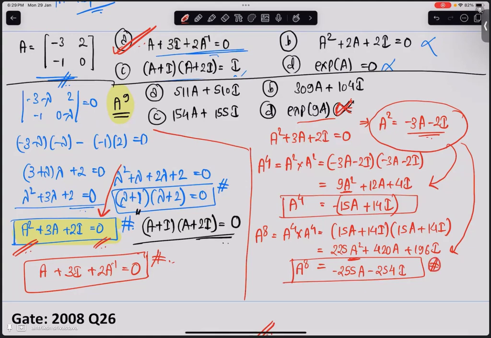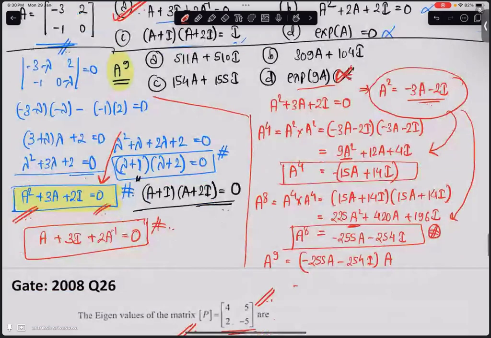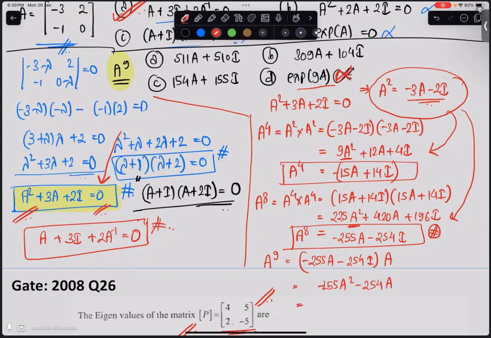When we know A power 8, now again we can get A power 9 by multiplying this with A. So 255A minus 254I into A. So what we'll have? We'll have minus 255A square minus 254A. What you know already what we have to do?